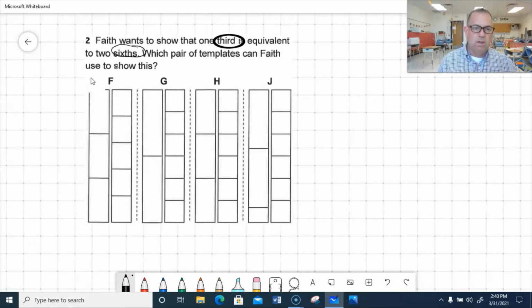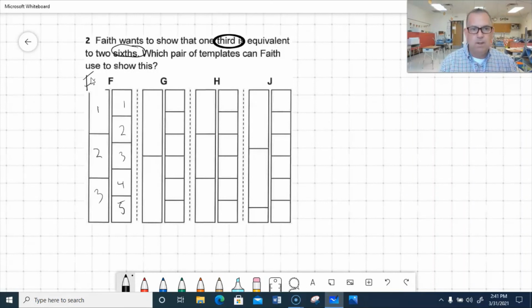So is answer choice F broken into 3 equal parts and 6 equal parts? Okay, well, let's look. So it looks like that's broken into 1, 2, 3 equal parts, and this is broken into 1, 2, 3, 4, 5 equal parts. So that would be false.